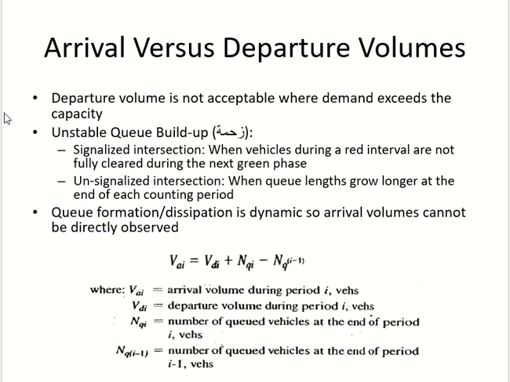Vehicles which are in the queue do not find the chance to clear the intersection in one green. The queue is 20 vehicles, the green happens, all 20 vehicles go. This is not queue build-up. But out of 20, only 10 are able to go, and the remaining 10 are still in the queue. This is queue build-up.